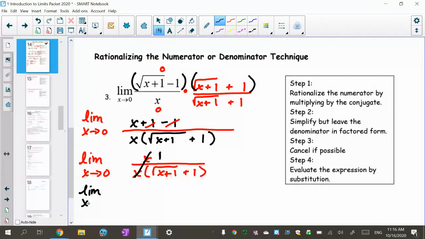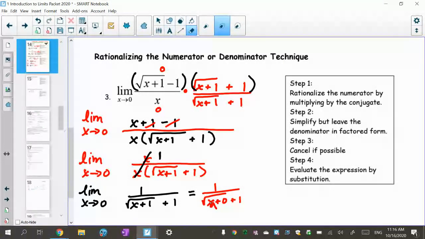Notice I keep writing this every time until I actually substitute. Now I see, can I substitute the 0 in there? And yes, you can. I have 1 over radical x plus 0 plus 1. And that's wrong. Let me erase that. The 0 goes in the actual x spot.